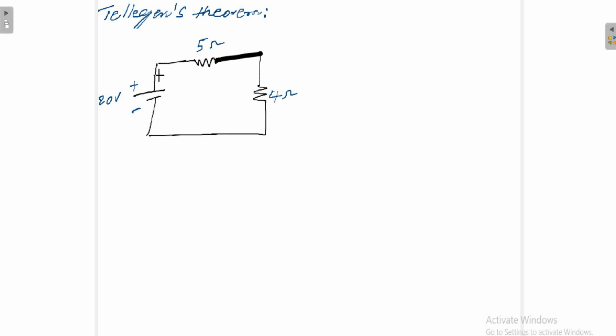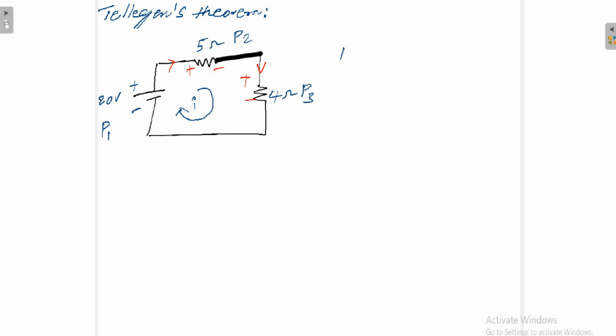The current flows in this direction, with positive and negative polarities marked. Let us consider KVL in this loop. The current flowing in the circuit is I. Let us consider these powers P1, P2, P3.